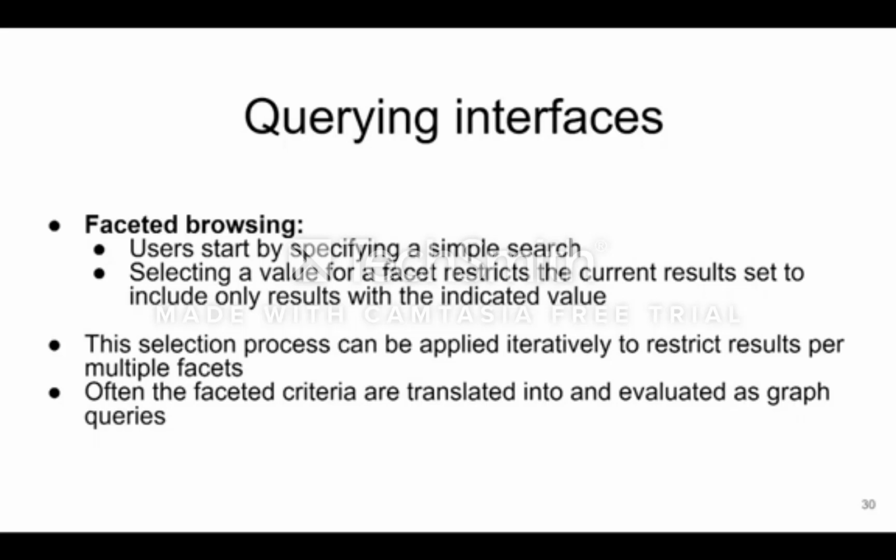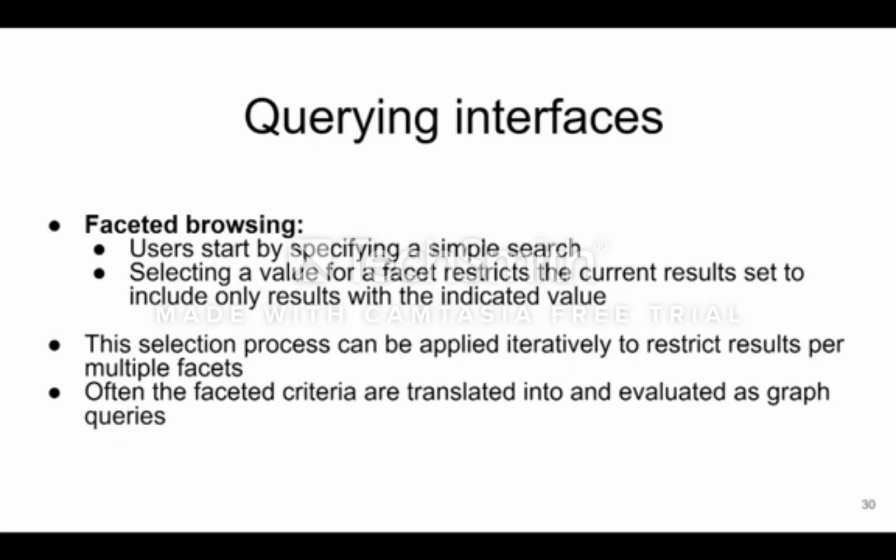They are then presented with a set of matching results and a set of facets, which are typically attributes, for example, value, and values, for example, Santa Lucia, present in the current result set.